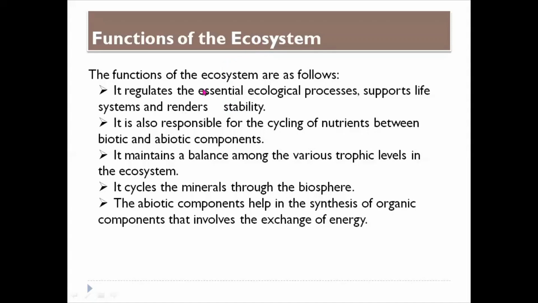तो ecosystem में क्या होता है? They support each other. It regulates and drives the relationship between the biotic and abiotic components. It is also responsible for the cycling of nutrients between biotic and abiotic components.